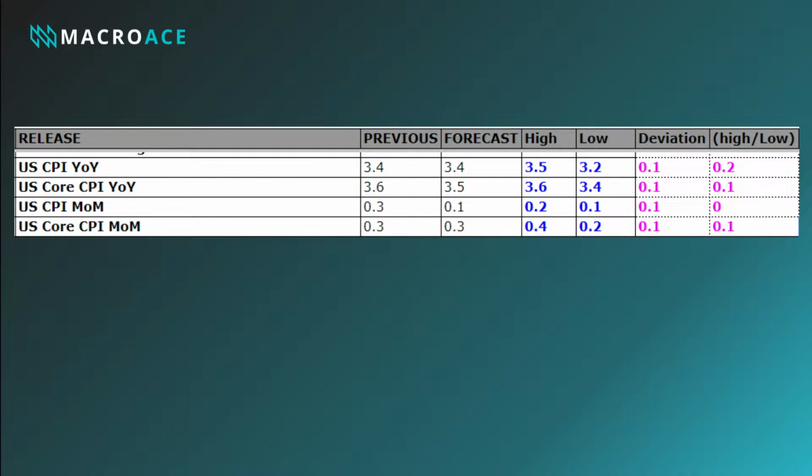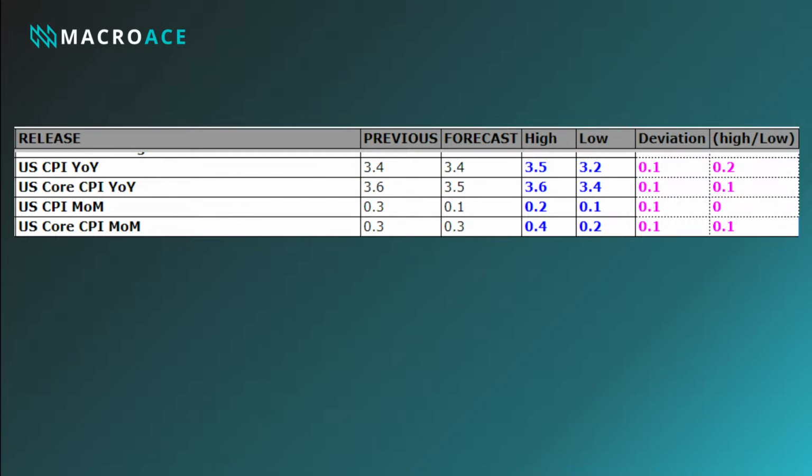So that's what we also need to be aware of: we're not just looking for the data to be weaker or stronger than the forecast, but also weaker compared to the priors by a good margin, enough for the markets to experience a lot of volatility.